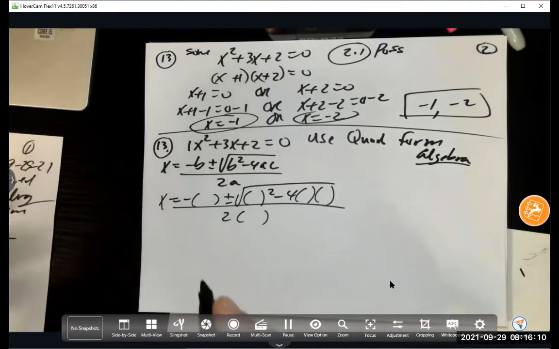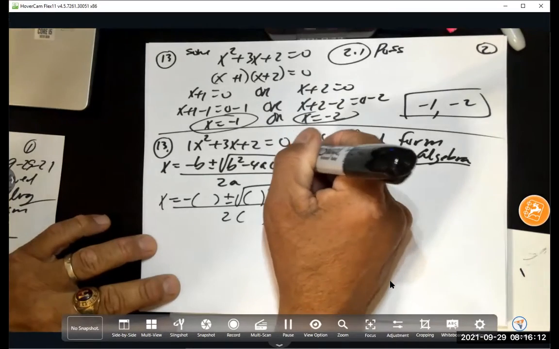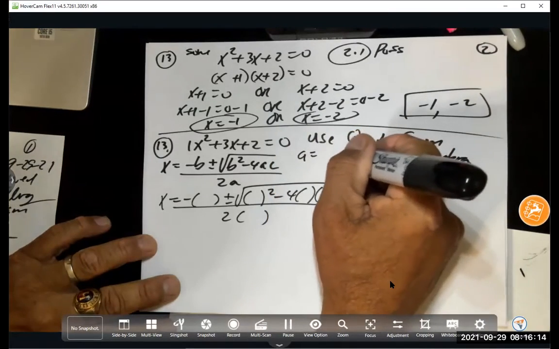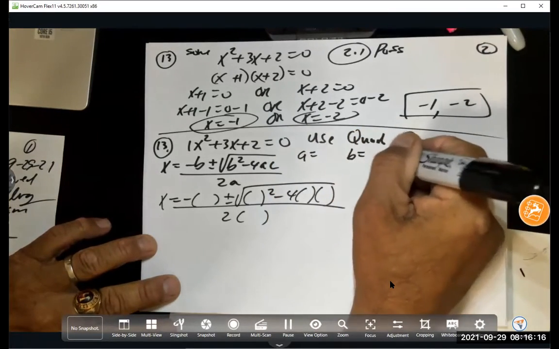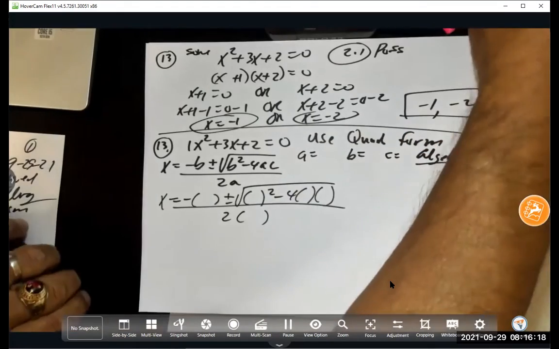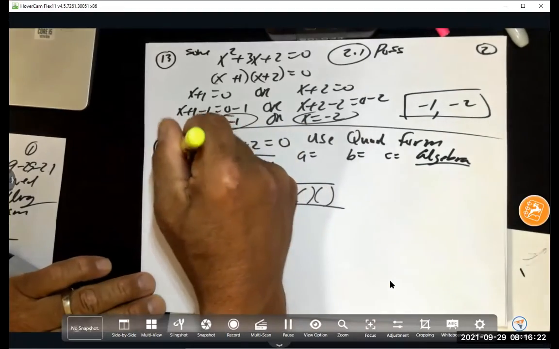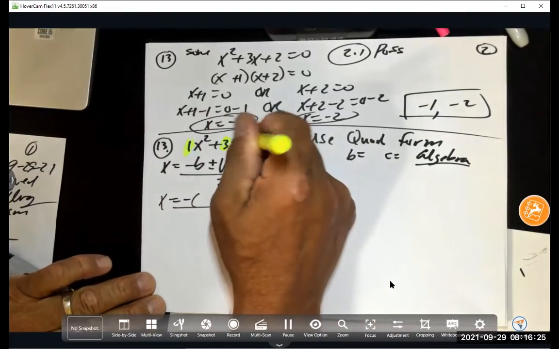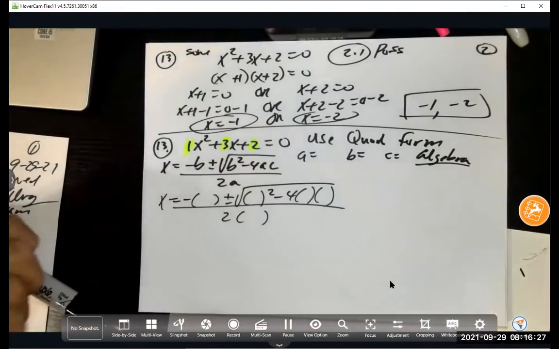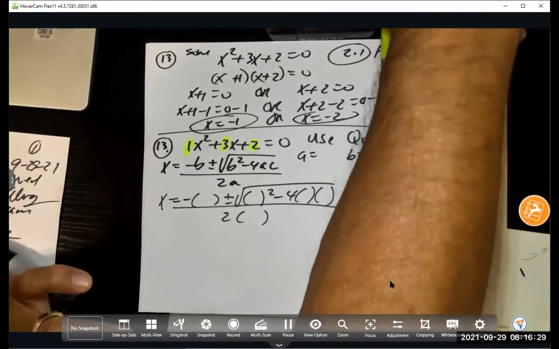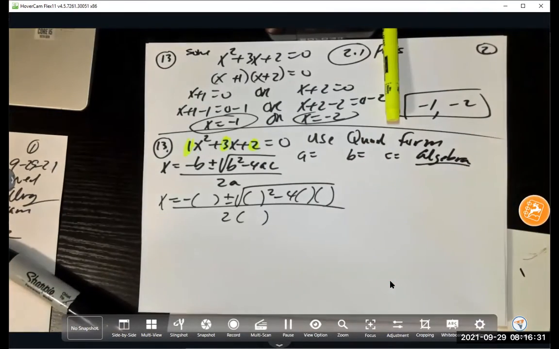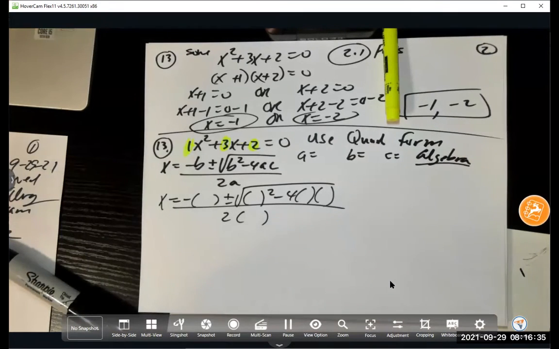So how do you find a, b, c? You go a, you go b, and then you go c. Let me highlight it for you so you can see them. This is a, this is b, and this is c. Y'all see why I put the yellow mark right there? A, B, C. So I'm going to use those numbers for my a, b, and c.